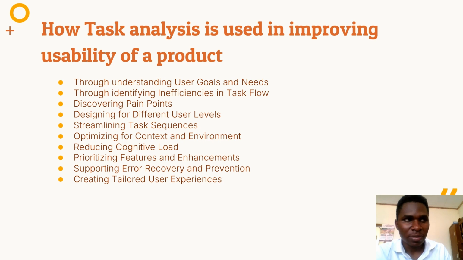Cognitive load is basically in decision making and the mental processes. If we reduce that, it would improve the usability. We have prioritizing feature enhancements, supporting error recovery and prevention.